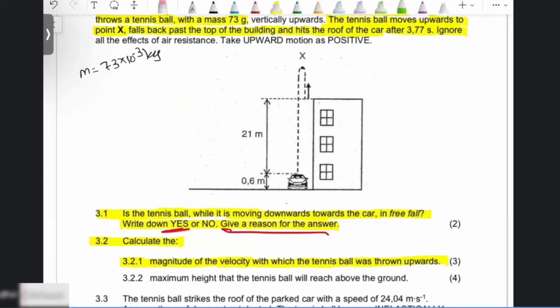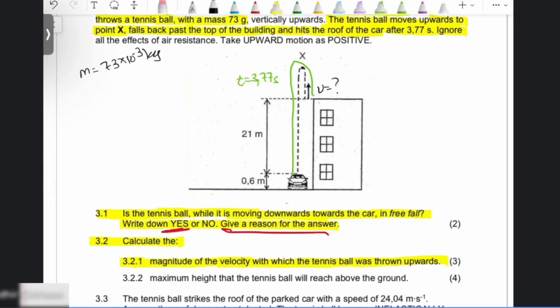So they're telling us that this entire journey here took 3.77 seconds. That's what they're telling us. So we want to find out what is the initial velocity that it was thrown up with.